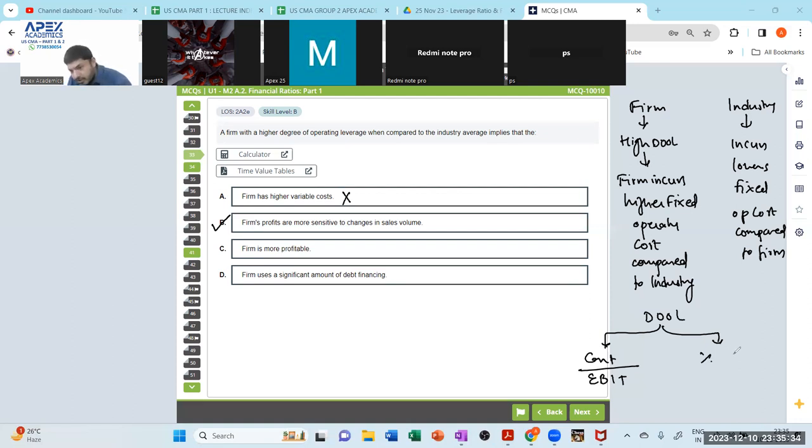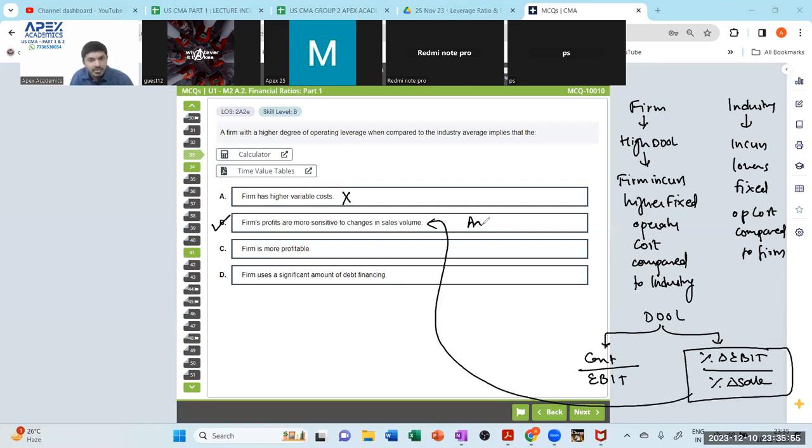It is percentage change in EBIT upon percentage change in sales. Therefore, it is more sensitive to changes in sales volume. Means what? If sales change a little bit, EBIT will change more. Yes or no? Yes. That is why this is your answer.